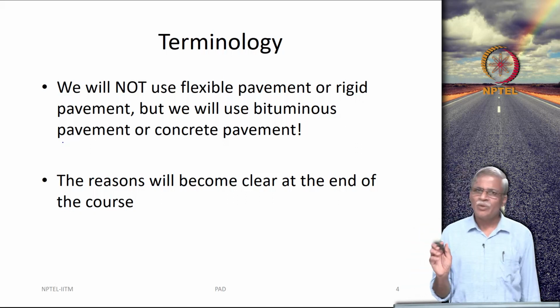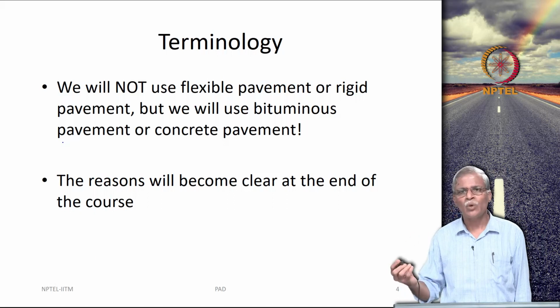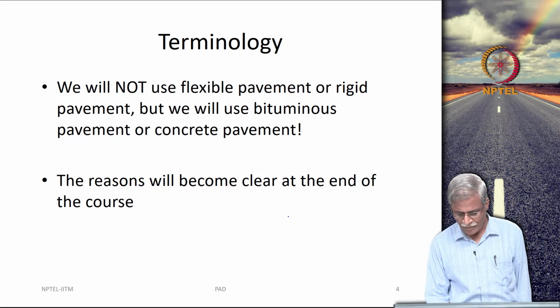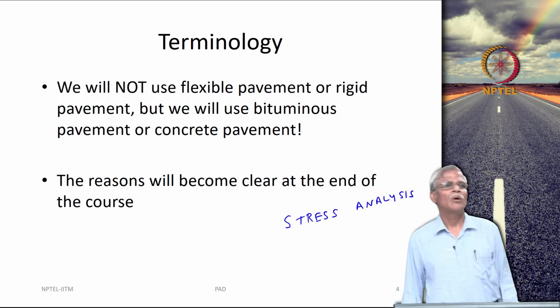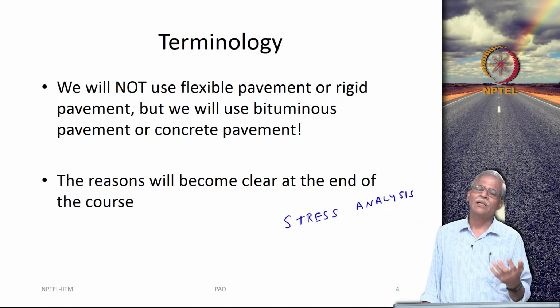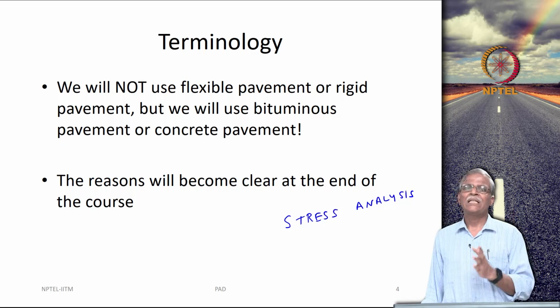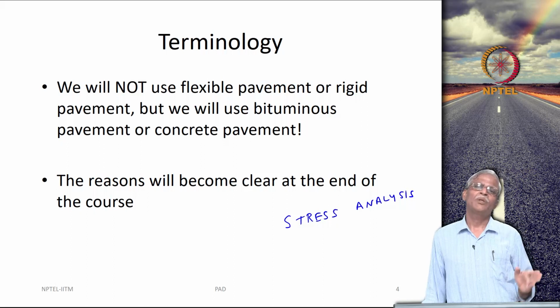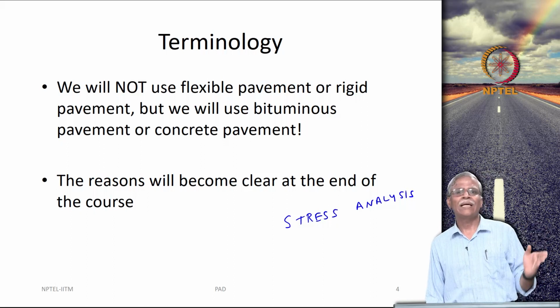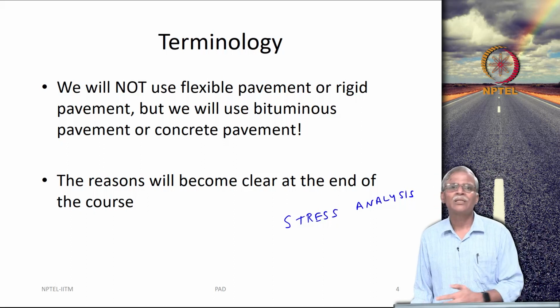Now, the reasons will become obvious as we go along, but I just want to give a hint. The reason why one should stick to bituminous pavement or concrete pavement is basically related to the stress analysis procedure that is followed. For bituminous pavement, we use what are called layered linear elastic theories.